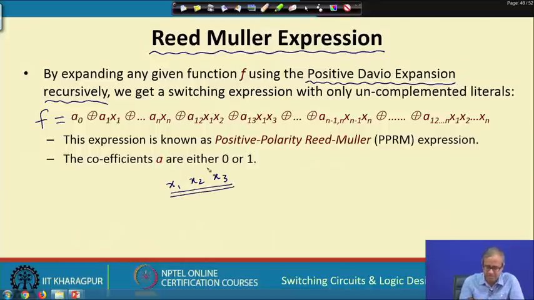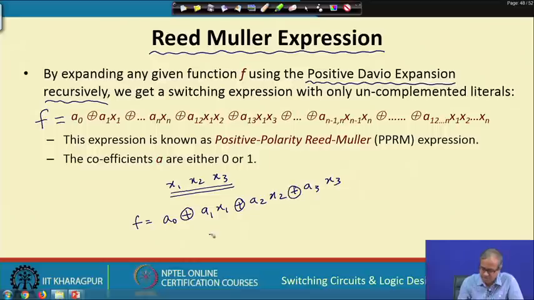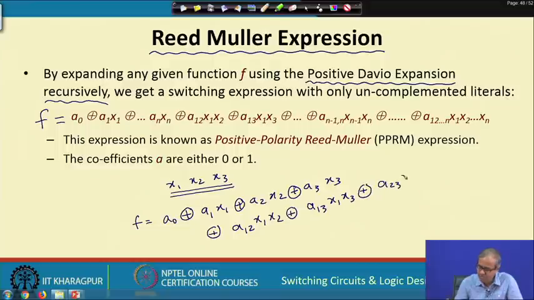For 3 variables, this function will look like this: a 0 plus a 1 x 1 plus a 2 x 2 plus a 3 x 3, not plus, this will be XORs, this will be all XOR a 1 2 x 1 x 2, a 1 3 x 1 x 3, a 2 3 x 2 x 3 and XOR a 1 2 3 x 1 x 2 x 3.